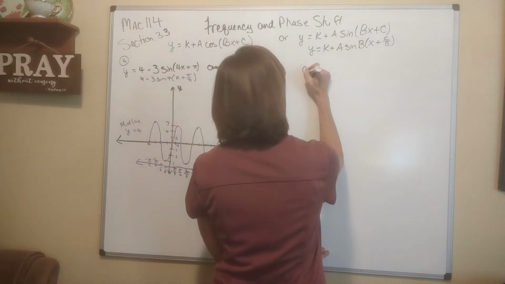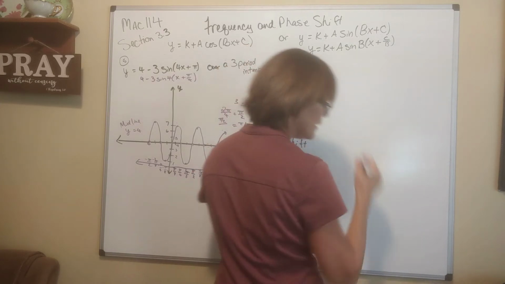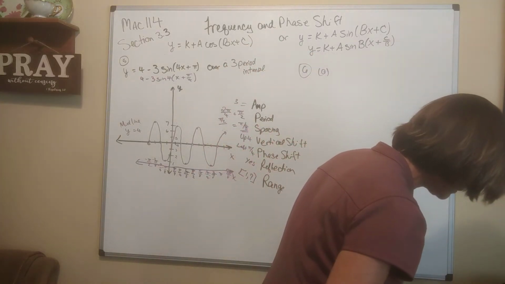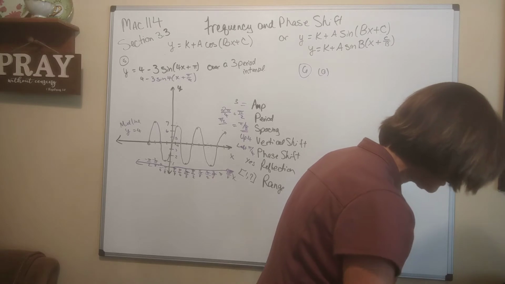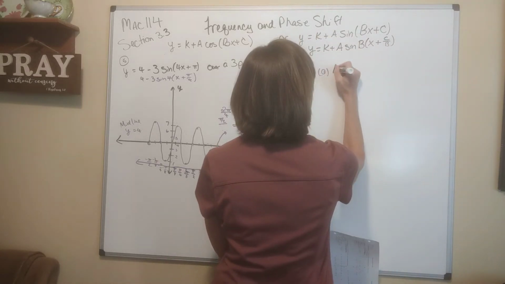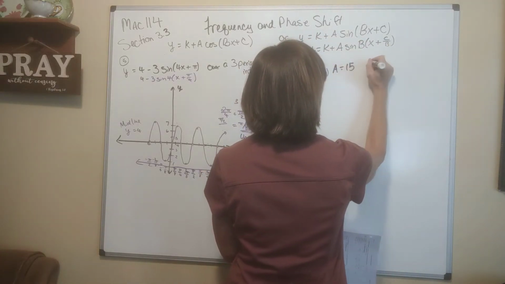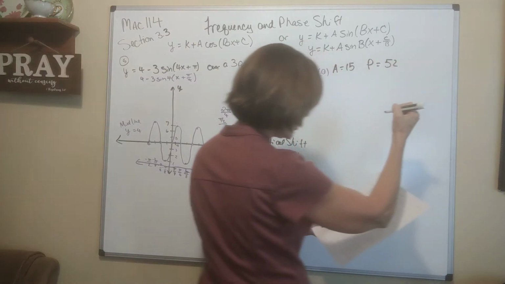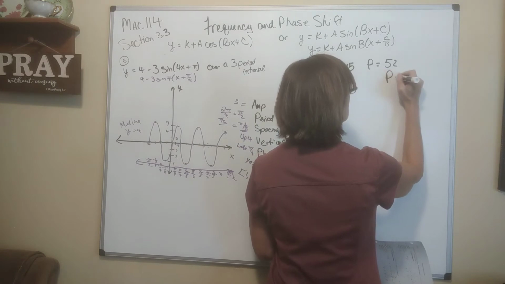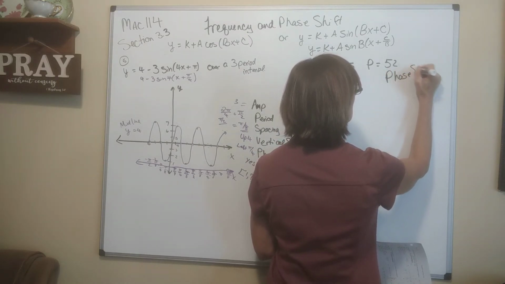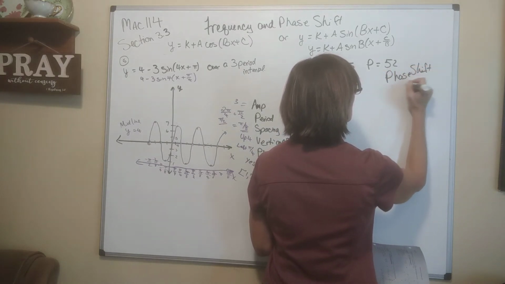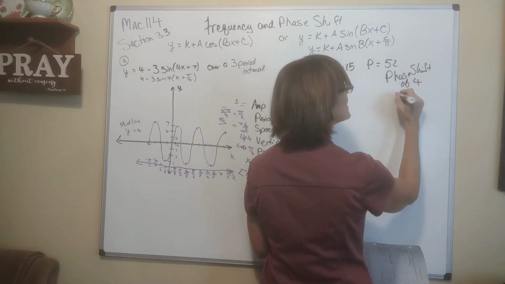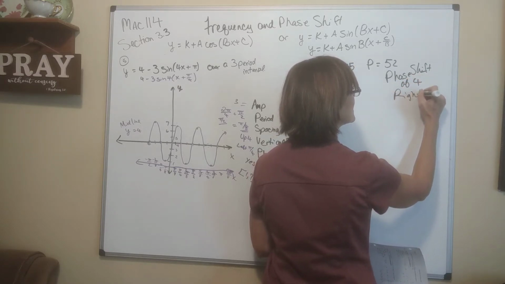So number 6, part A, says the amplitude is 15, the period is 52, and then it says it's got a phase shift of 4, which means it's going to the right 4.